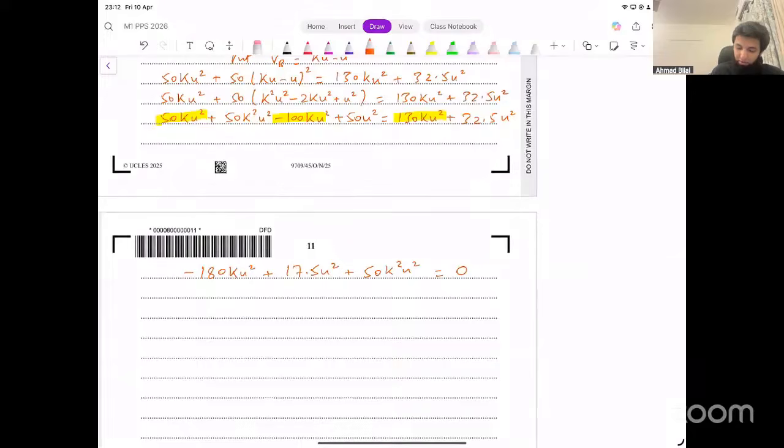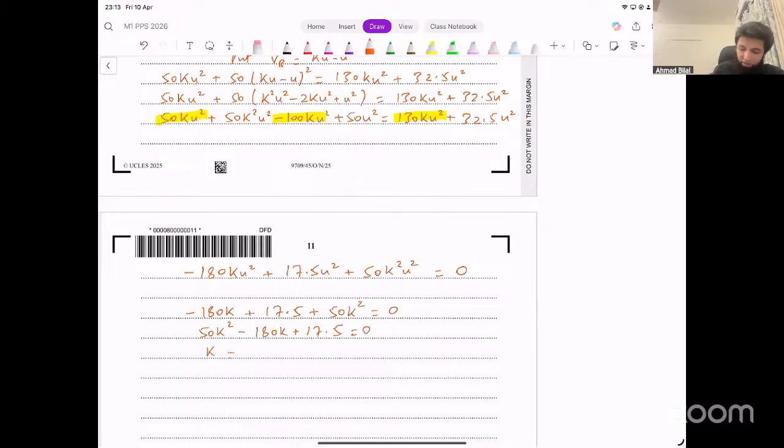Now you see you've got U squared in every single term. So that also gets eliminated because we know U is not 0. We can divide the whole thing by U squared, and we're left with minus 180K plus 17.5 plus 50K squared, and that is something a lot simpler now. 50K squared minus 180K plus 17.5 equal to 0.